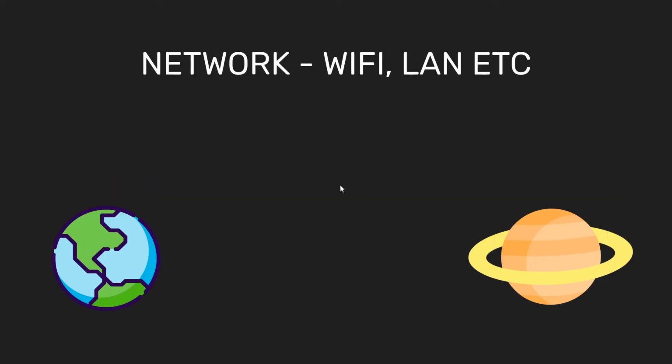And finally, network, that is Wi-Fi or using a LAN cable for somebody else's system, is equivalent to traveling between planets. Remember this concept, getting data via a network or LAN cable is equivalent to getting data after a space mission. It's very time consuming.